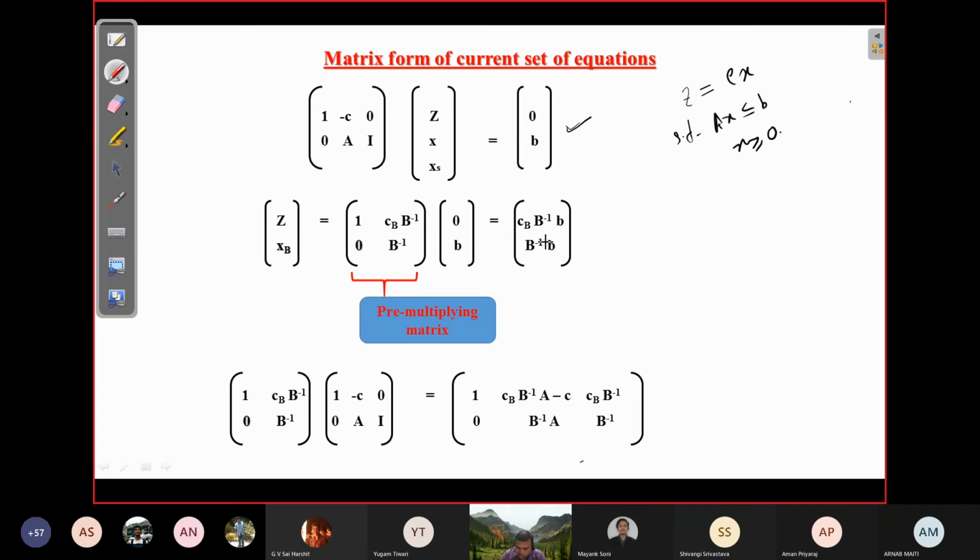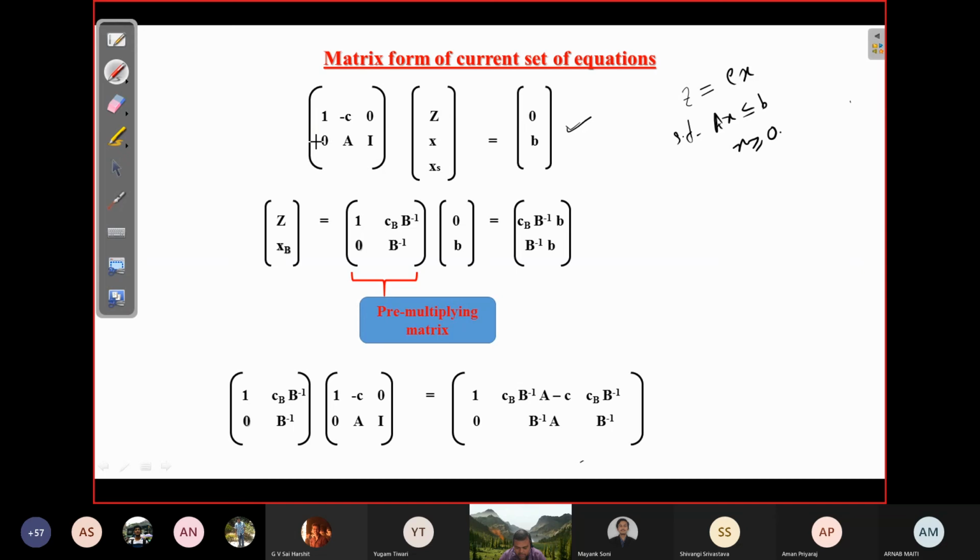In order to do this, I observe that I have to pre-multiply the matrix 0, b with this matrix. So this is called a pre-multiplying matrix. If I pre-multiply with this, then only I'll get this. So if I multiply this matrix with 0, b on the right hand side, the same thing I have to do on the left hand side, because it's an equation, isn't it?